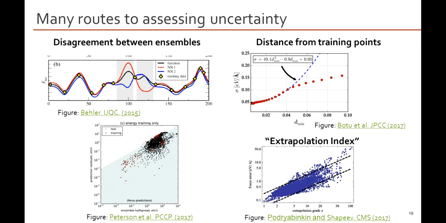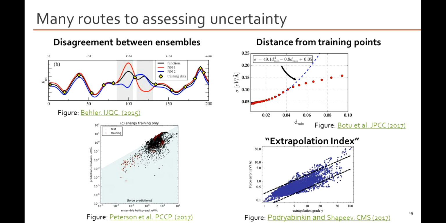There have been many papers that illustrate how, if you train an ensemble of models, each on different data, you can make reliable inferences about where a machine learning model should be less trustworthy than others.